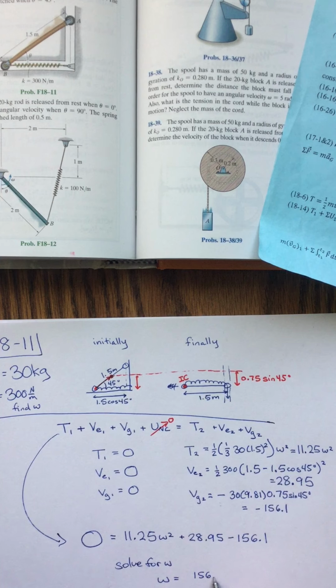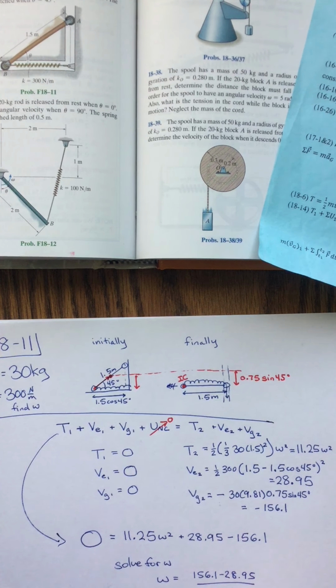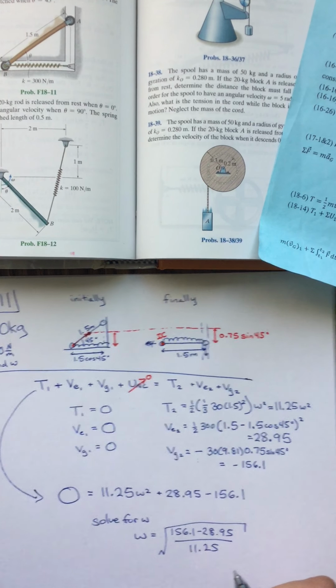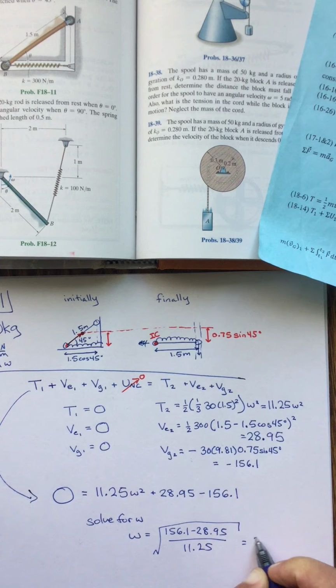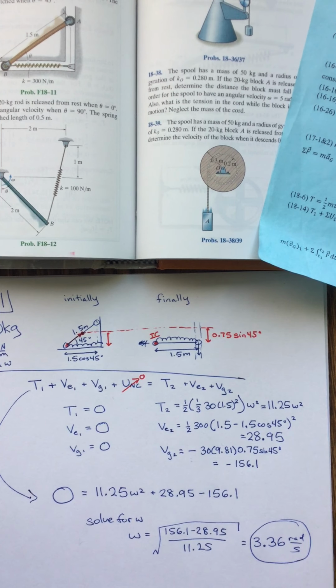That's 156.1 minus 28.95. Divide by the 11.25. Take the square root, and you get 3.36 radians per second. And that concludes Chapter 18.